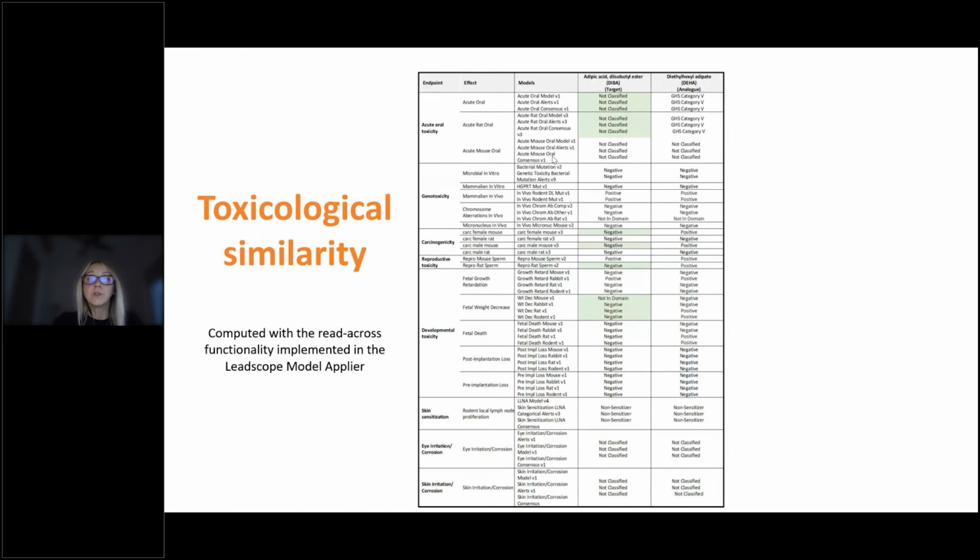And this is the reason why the expert review focuses on confirming or dismissing any difference that may arise from this specific analysis. So the approach here is not aimed at predicting the actual toxicity of the target and the analog, but rather at comparing the toxicological behavior of the analog with respect to the one of the target.